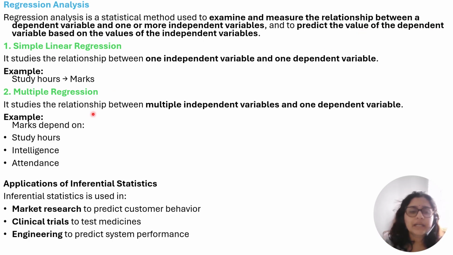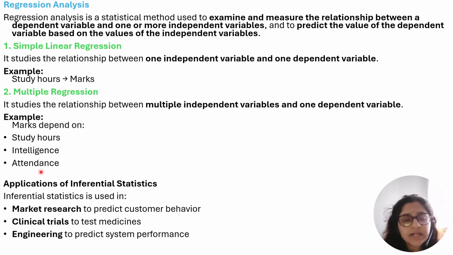Multiple regression will study the relationship between multiple independent variables and one dependent variable. Remember, only one dependent variable is there and multiple independent variables. Example, marks is the dependent variable, only one. And the independent variables are study hours, intelligence, and attendance.